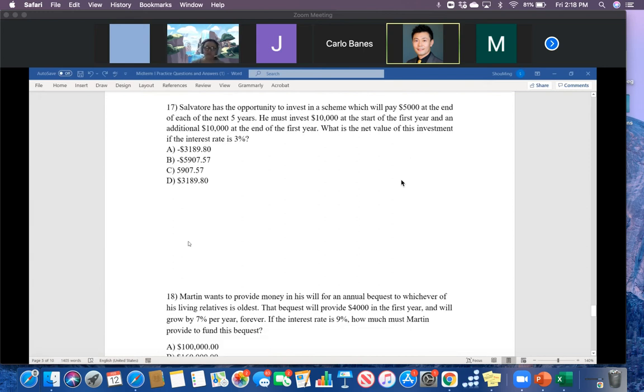Question 17. Now a person has the opportunity to invest in a scheme which will pay 5,000 at the end of each of the next 5 years. He must invest 10,000 at the beginning of the first year and an additional 10,000 at the end of the first year. The question asks us, given the interest rate equal to 3%, what is the net value for this investment? Again, visualize the cash flows. There are 5 years, right?